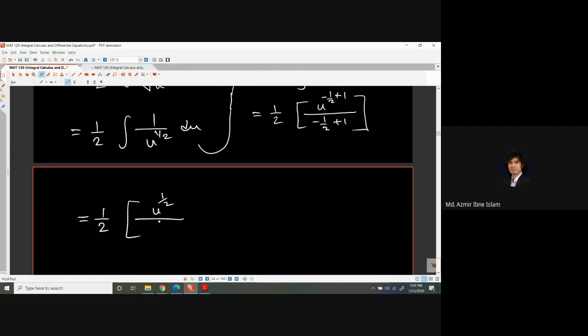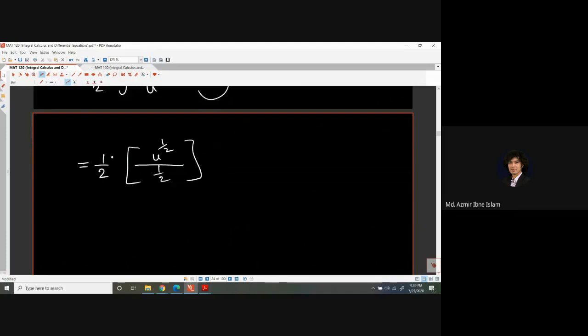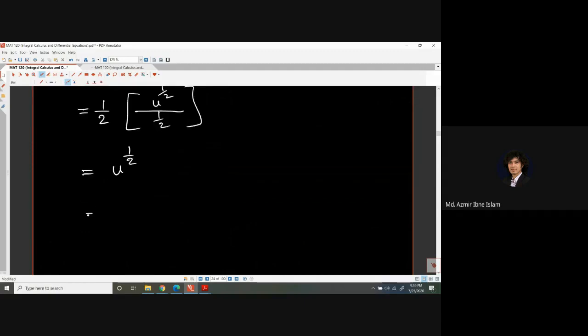Again we have 1 by 2. So you can see that if we simplify this part, 1 by 2 and this part will be cancelled. So here finally we are getting u to the power 1 by 2, that means root over u. So whatever result we have found, that is our antiderivative.